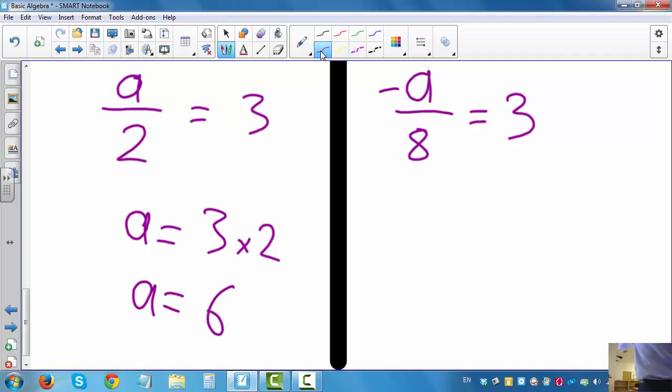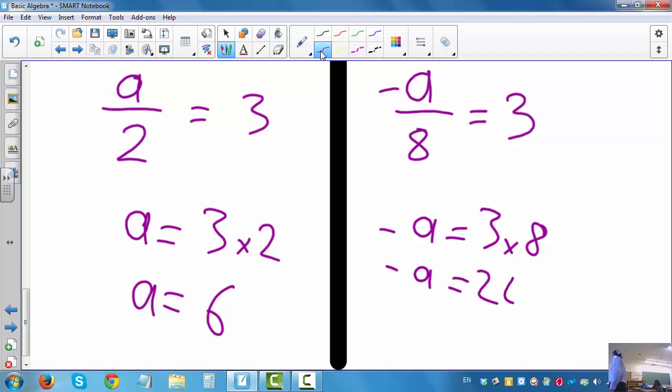So I don't know what question is over there, but I'm going to do absolutely the same. Minus A equals 3 times 8, minus A equals 24, and we don't want to know what minus A is equal to. We always want to know what A is equal to.